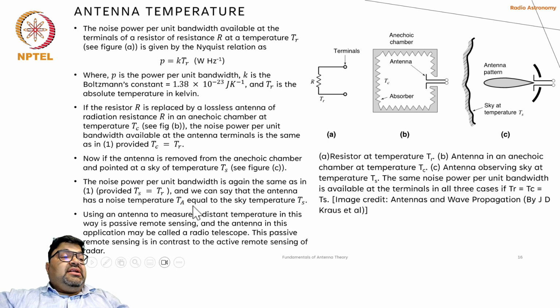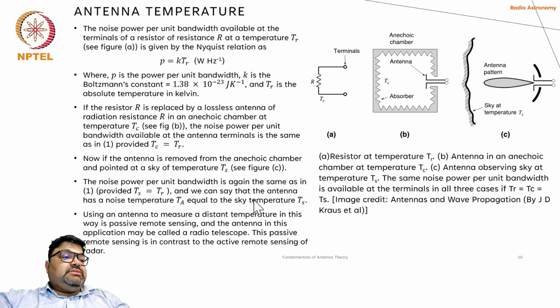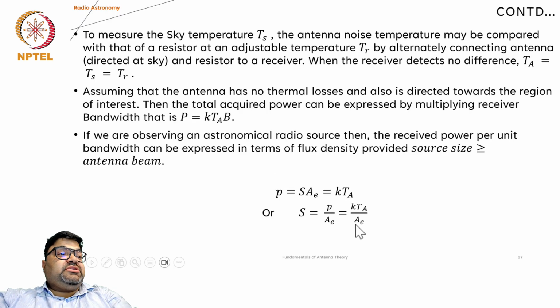Instead of R we now say this is the antenna temperature, because that is relevant to the antenna. So the antenna temperature is equal to the sky temperature, provided this matching happens. This impedance matching is actually very important in the case of passive remote sensing. That is what comes out of this analysis.